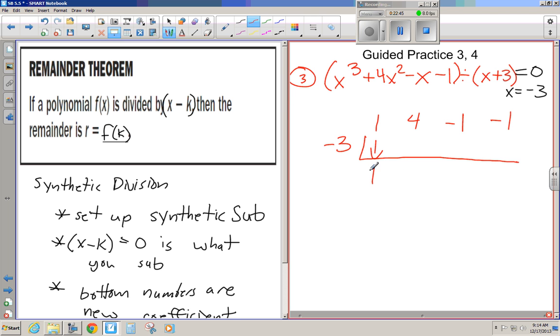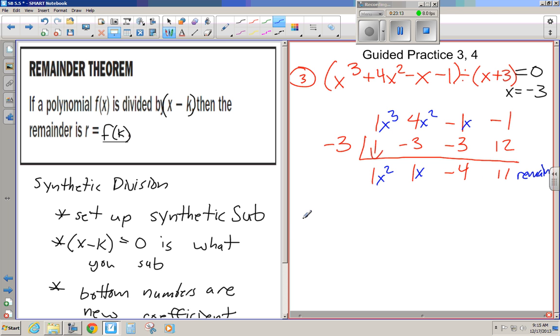1, multiply, add, multiply, add, multiply, add. And now, remember, you're making it 1 degree less. X cubed becomes x squared, becomes x, becomes a number, and then this is the remainder.